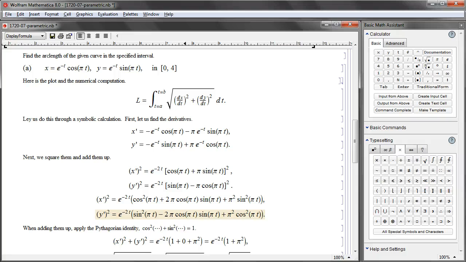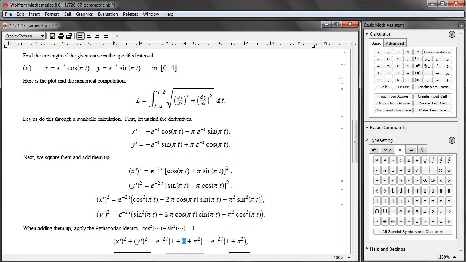Finally, adding them up, what do you get? The exponential stays the same because that's a common factor. You can factor those out. Now, cosine squared plus sine squared. What is it? We're supposed to have 1 by the Pythagorean identity. Next, 2 pi cosine times sine minus 2 pi cosine times sine.